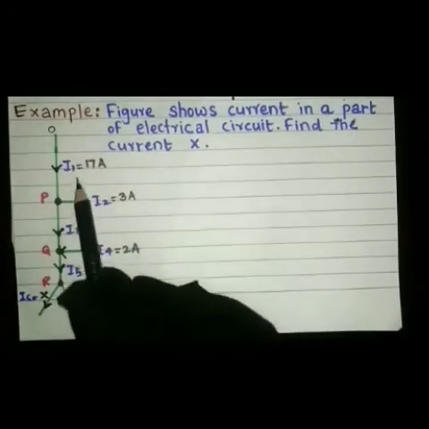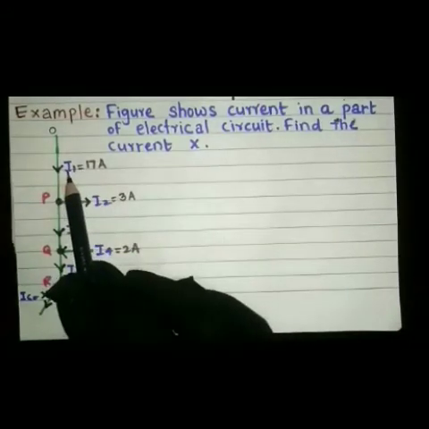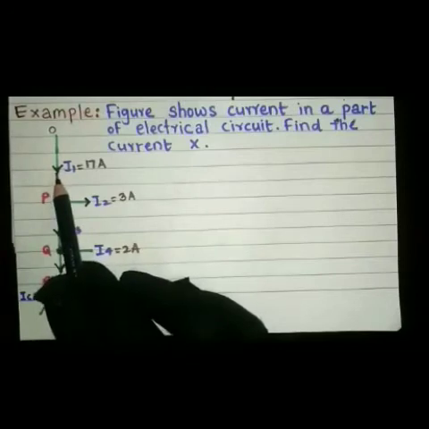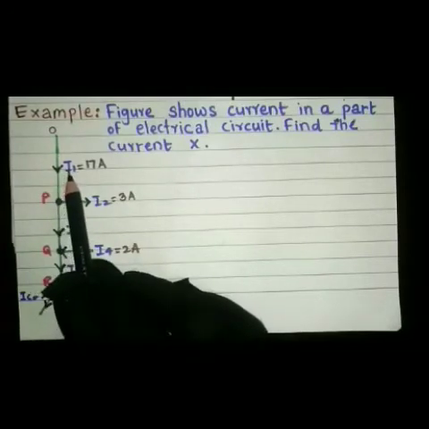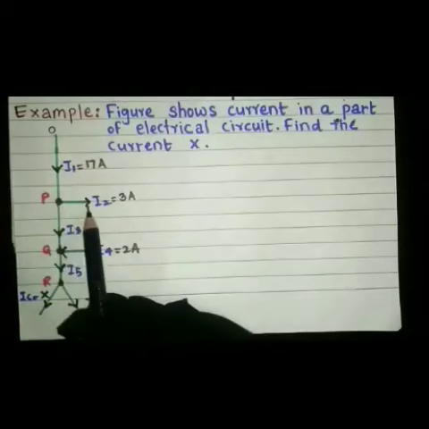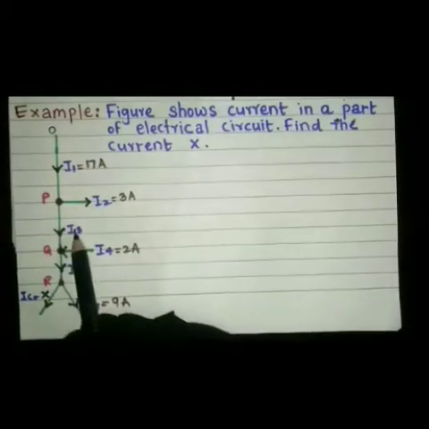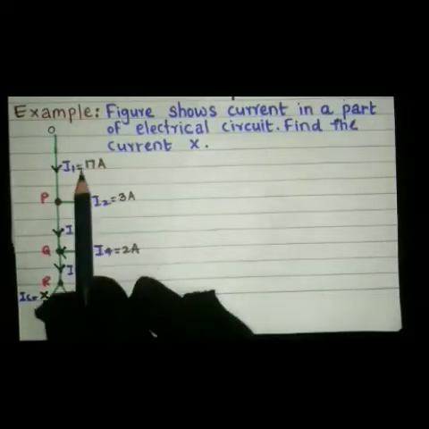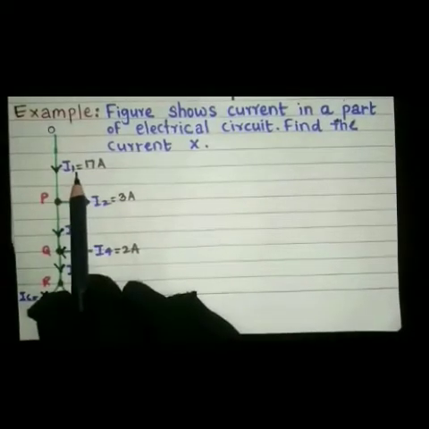Here we have current 1, that is I1. The black arrows show the direction of the current. Then the next current is I2, then I3 here, then this is I4. This is I5, and further I5 is divided into I6 and I7. You can see here the values of the currents are given.